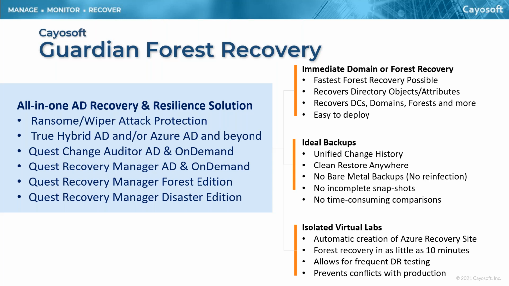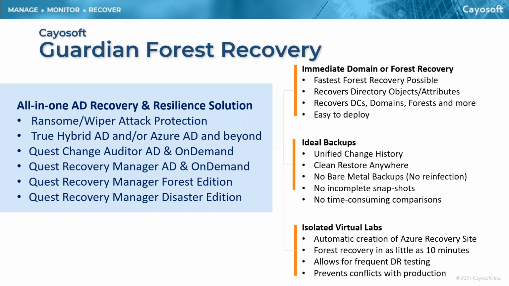So we're very well connected to our customers, and it is clear some people only really need object and attribute recovery because they're working on maybe a portion of Active Directory, or maybe they're not the folks that are dealing with Active Directory.